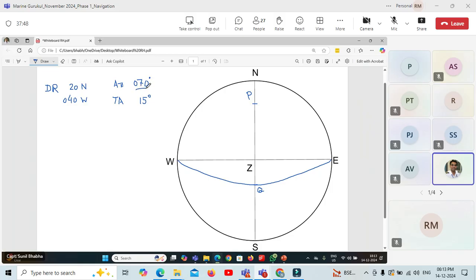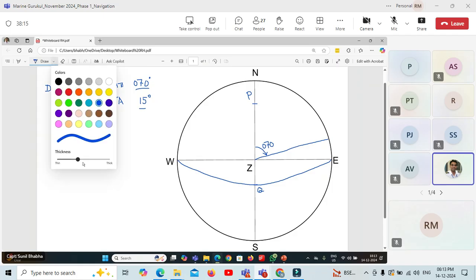Let's draw the azimuth of the body. Azimuth is 070, going to be somewhere here. Agree, beta? Very good. Let's show the altitude also. Altitude is 15 degrees, so from the horizon I go 15 degrees and this is where the body is.